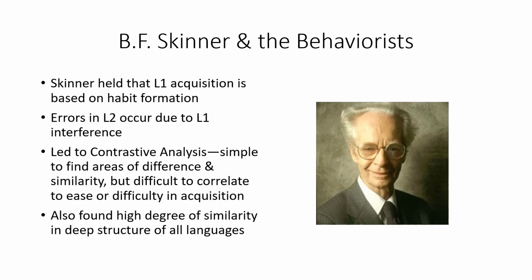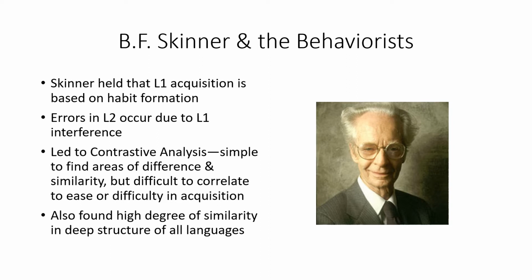So Skinner held that first language acquisition is based on habit formation, and that errors in the second language are due to interference from the first language. The first language interferes with the learner acquiring the proper habits. In order to combat this, a new science developed known as contrastive analysis.